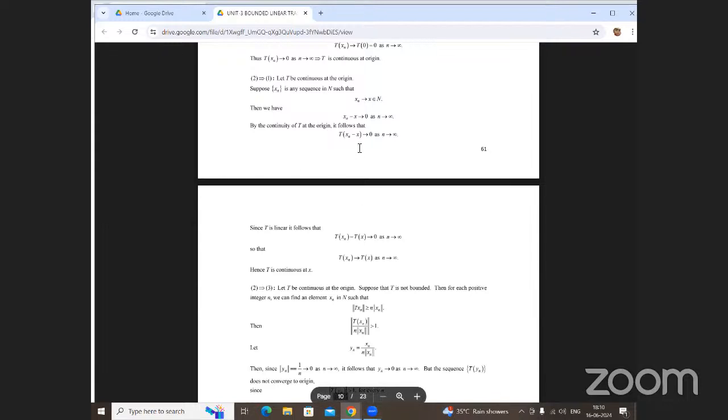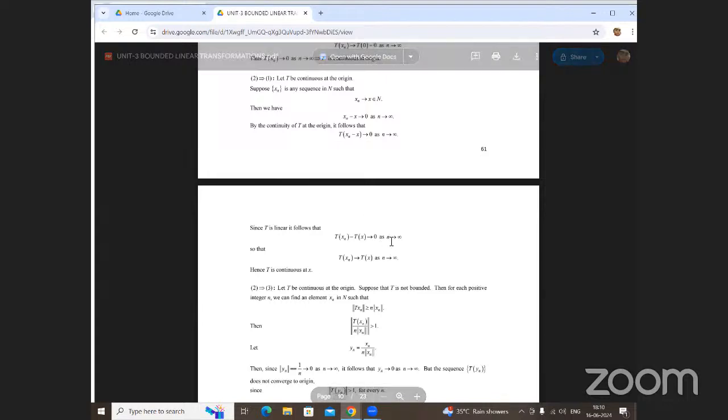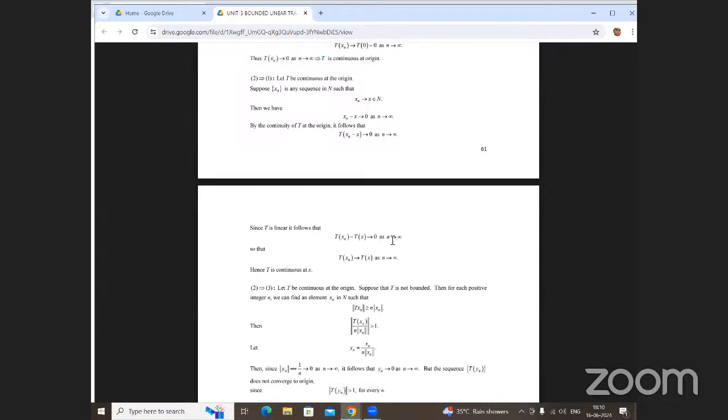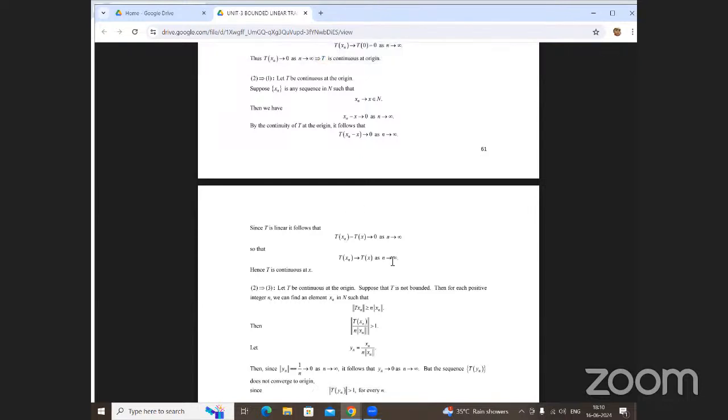Now by the definition of a linear transformation, T of xn minus T of x converges to 0 as n tends to infinity. Now this is the condition of T being continuous at x.